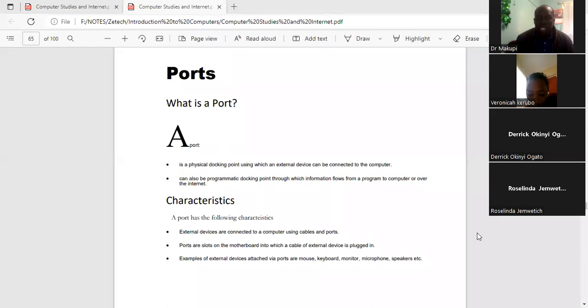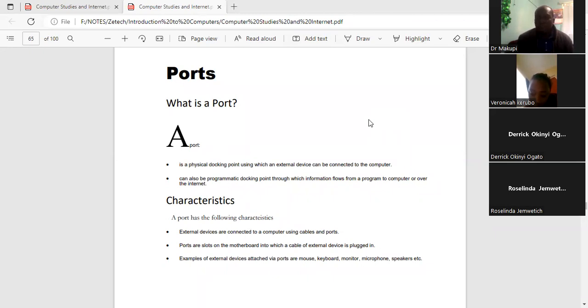How do external devices get attached to a computer? Just like the same analogy using the ships when they dock at the coastline. That is where you now offload the goods that are being brought inside. So it's the same thing in computing to say that it's a physical docking point using which an external device can get attached to a computer.